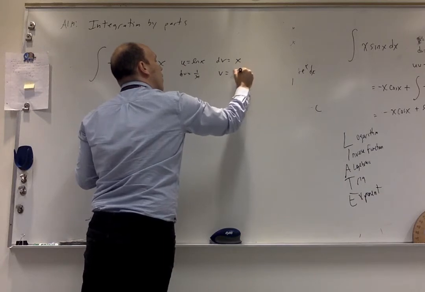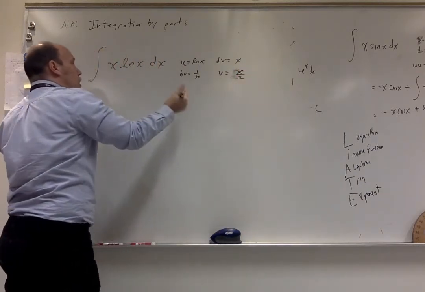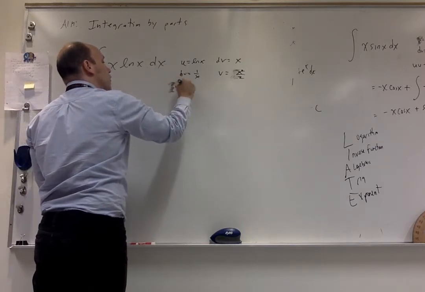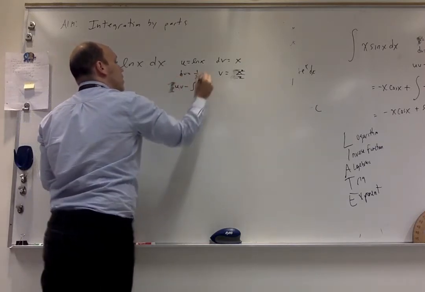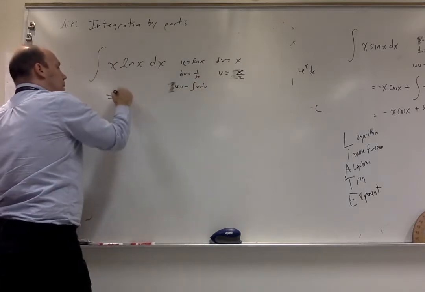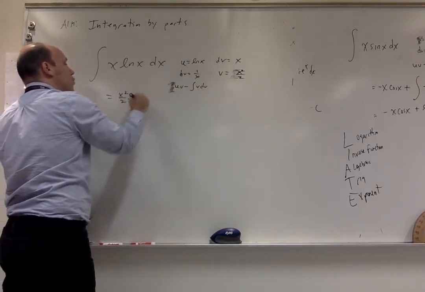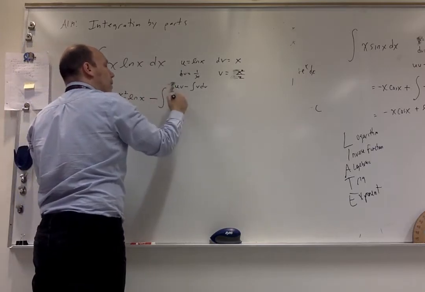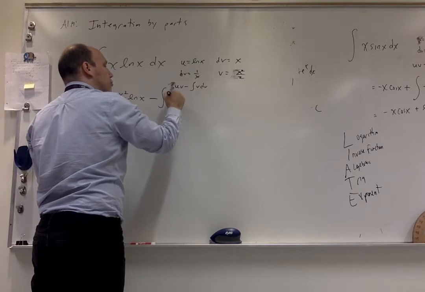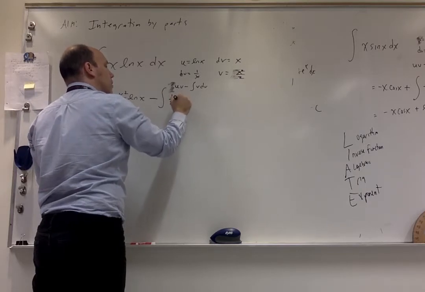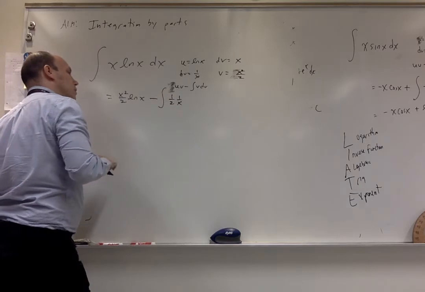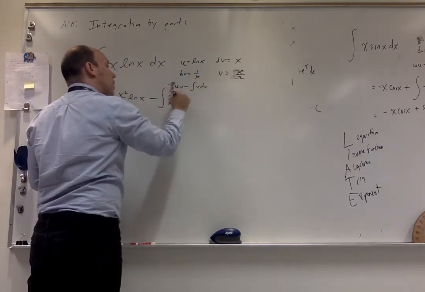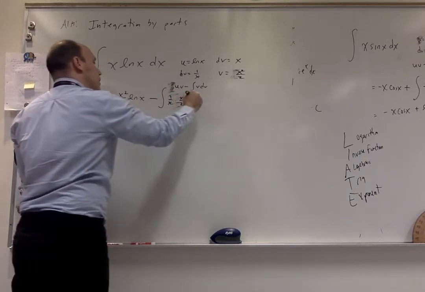V is x squared over 2. And so once again, it's uv minus the integral of v du. So it's equal to x squared over 2 ln of x minus the integral of 1 over x times x squared over 2 dx, which is 1/2 x.